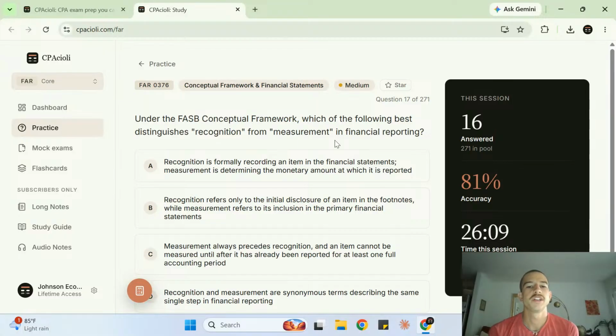Under the FASB conceptual framework, which of the following best distinguishes recognition from measurement in financial reporting?